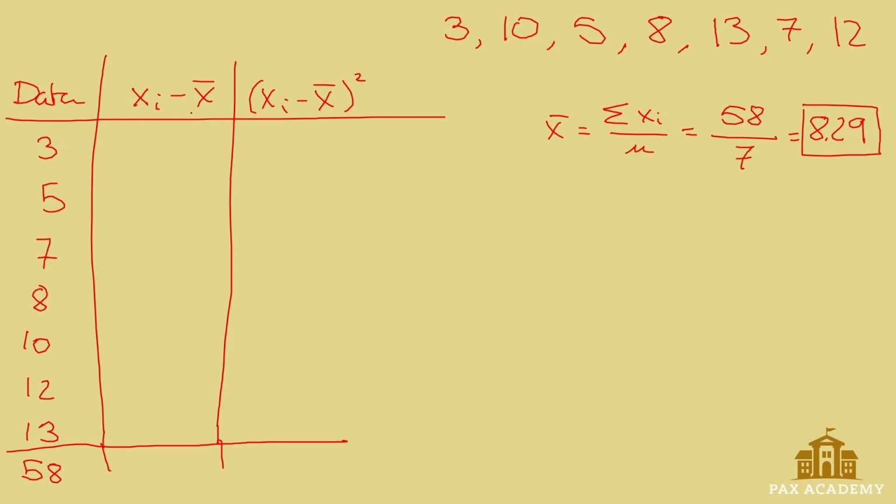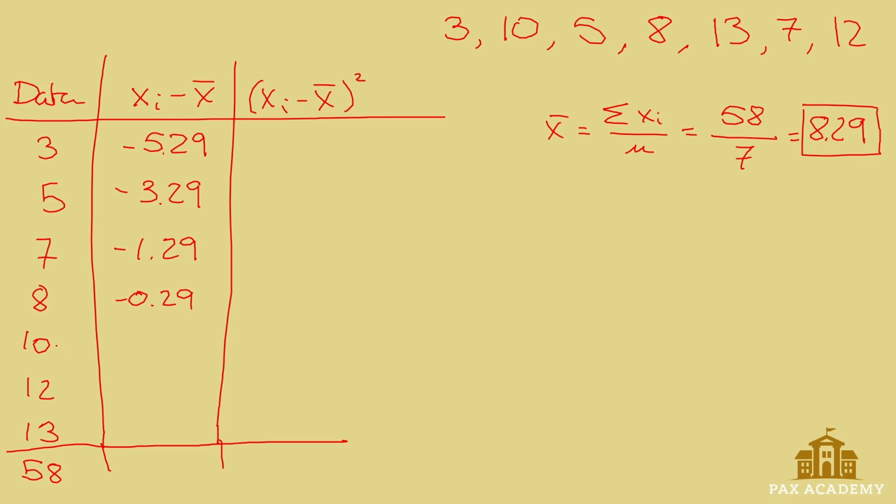So x1 minus x bar would be 3 minus 8.29, which gives us minus 5.29. x2 would be the second data point, so 5 minus 8.29, that gives us minus 3.29. x3 minus x bar would be 7 minus 8.29, that gives us minus 1.29. x4 minus x bar, 8 minus 8.29, minus 0.29.